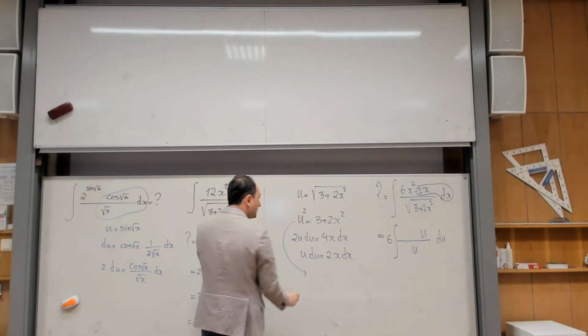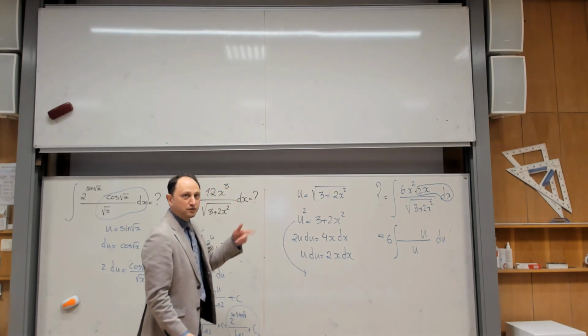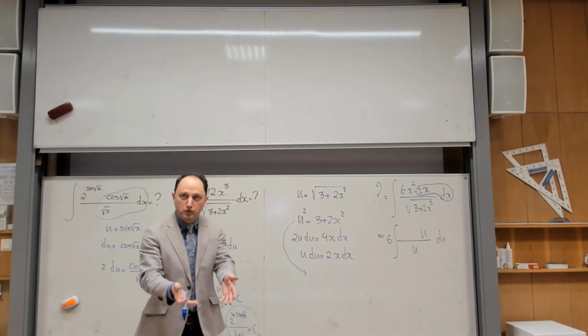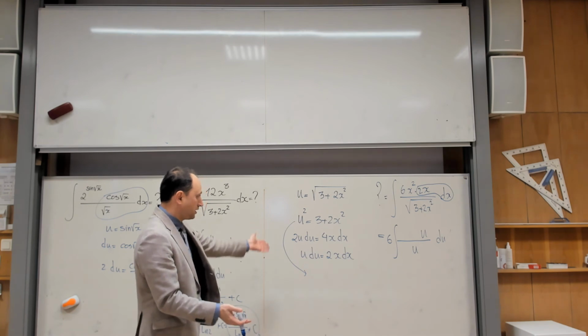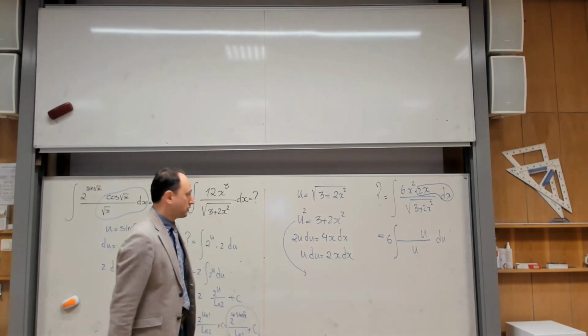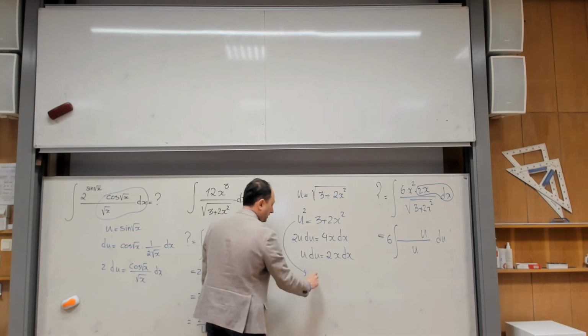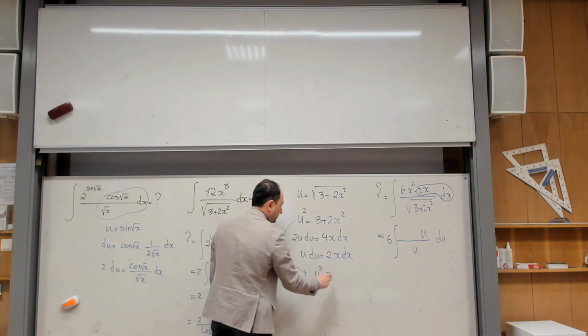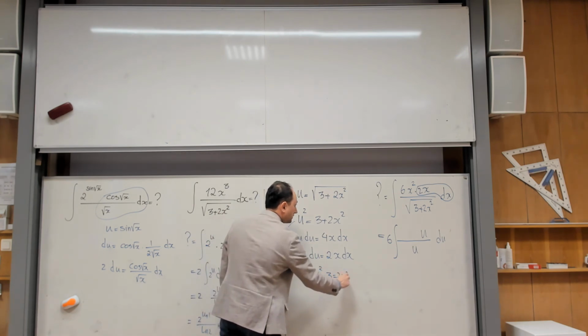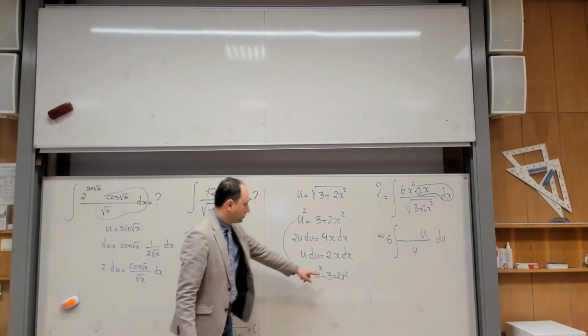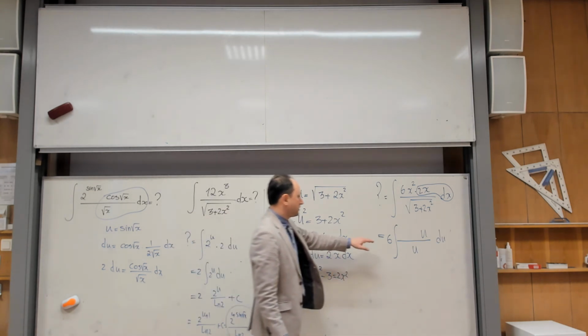So I mean that this was not something that I can predict from the beginning. You have to do something. If it works like this, it works. Otherwise, you have to change your strategy. So this means that I take this one to the left. u squared minus 3 is equal to 2x squared. And by the way, I need 2x squared. Now I realize it was stupid, yes?